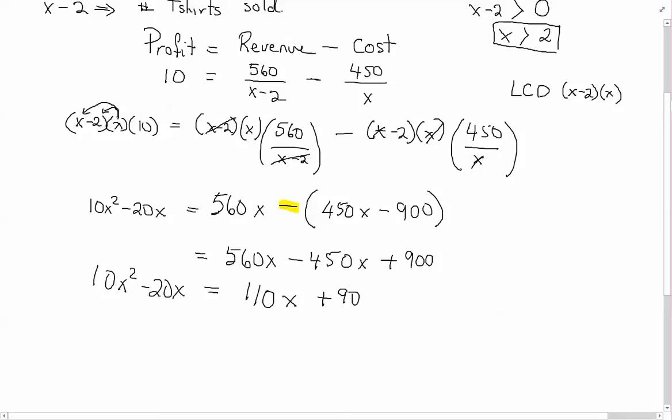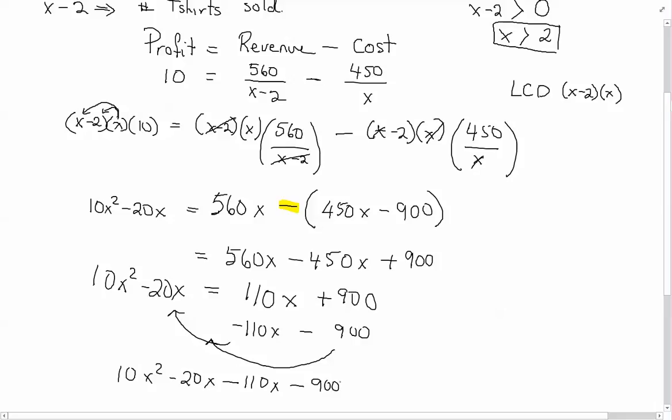We want to move everything to one side. To do that, we're going to subtract 110x, and we're going to subtract 900. We bring that across, and we end up with 10x squared minus 20x minus 110x minus 900 equals 0.